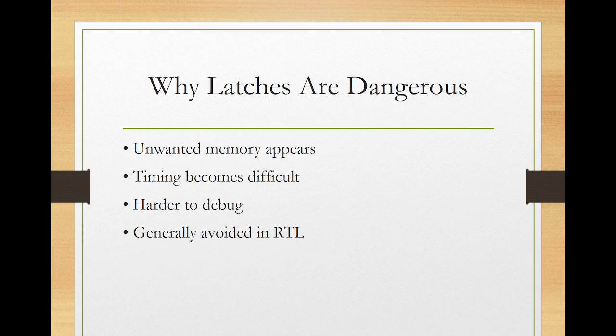To preserve the previous value, the tool creates memory, specifically a latch. And here is the scary part. You may never have intended to create memory, but your code accidentally created it. This is one of the most common RTL bugs in industry.